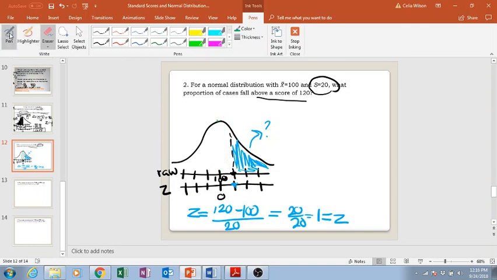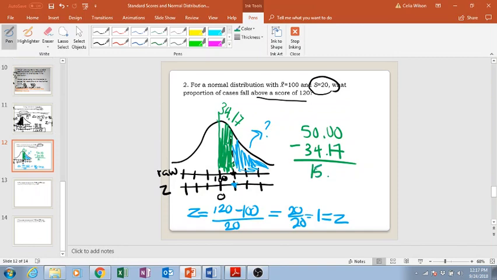Okay, so the area between the mean and z right here is, same thing it was last time, that 34.13. And just like last time, we know that half of it is equal to 50. So if we take our 50 again and take away that part we don't care about, 34.13, we should get what? 15 point, what was it up here?